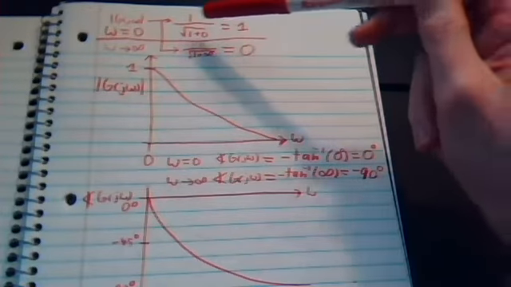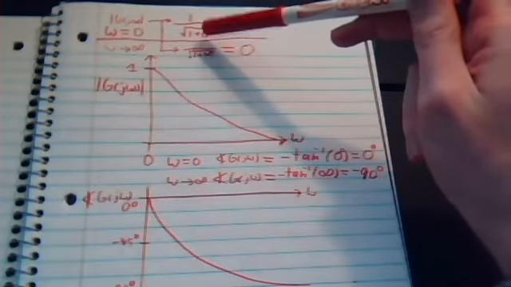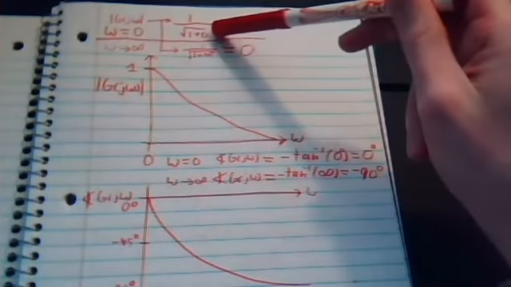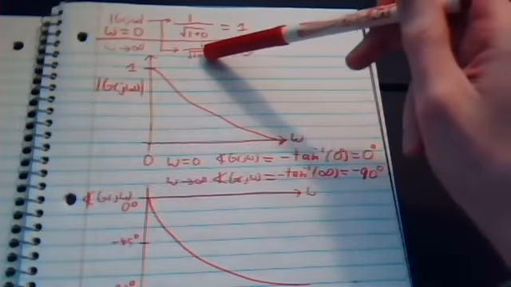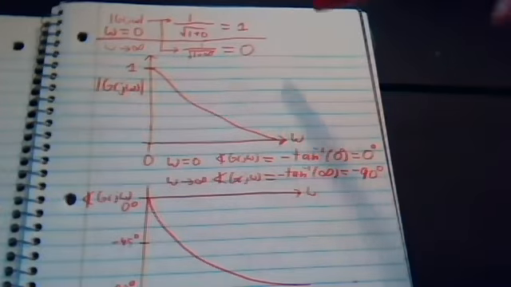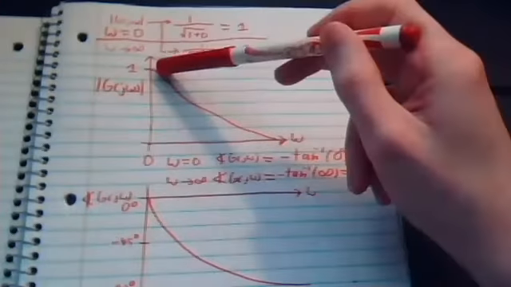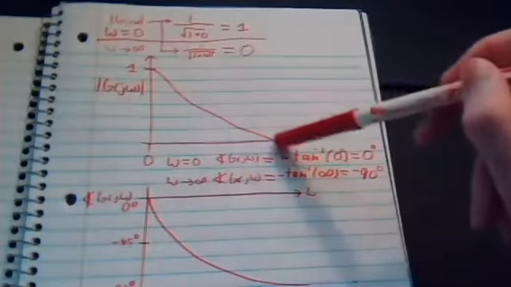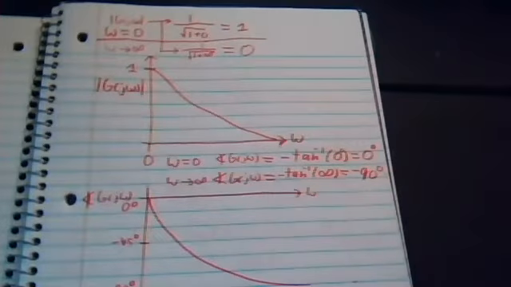In the infinity case, as omega approaches infinity, the magnitude will boil down to 1 over radical 1 plus infinity, and anything over infinity is going to be equal to 0 as that denominator increases dramatically. And so at low frequencies, at 0, it's a value of 1, and then as our frequency is increasing, we're going to get a magnitude of 0. So we're going to go from 1 to 0.